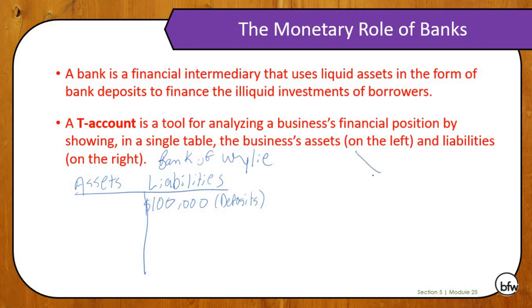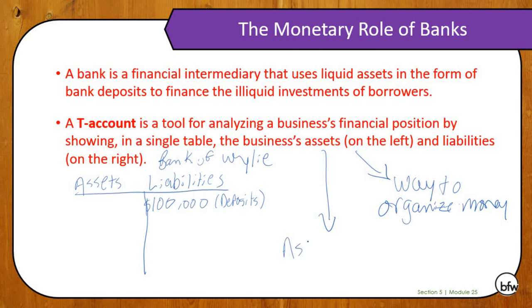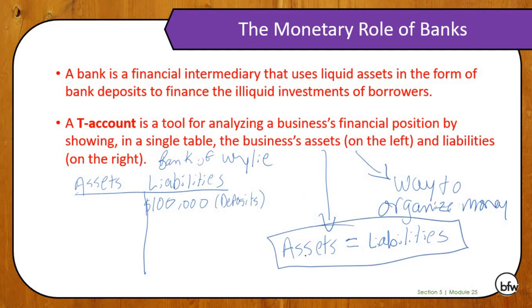Think of a T account as basically a way to organize money. Another fun fact about T accounts: your assets will always equal your liabilities. Always. If something's off there, then you've messed up and you need to go back and fix it.